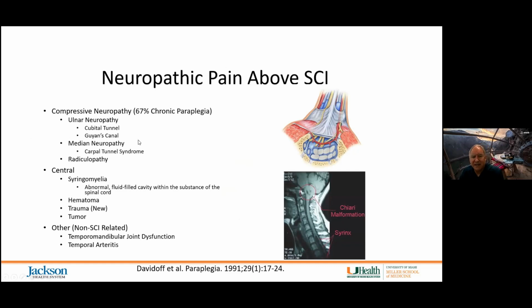Ulnar neuropathy and median neuropathy occur at similar frequencies. The ulnar neuropathy most likely at the cubital tunnel at the elbow, but Guyon's canal also often affected through overuse of wheelchair propulsion. Median neuropathy, carpal tunnel syndrome particularly, is present again in a large number of these folks.